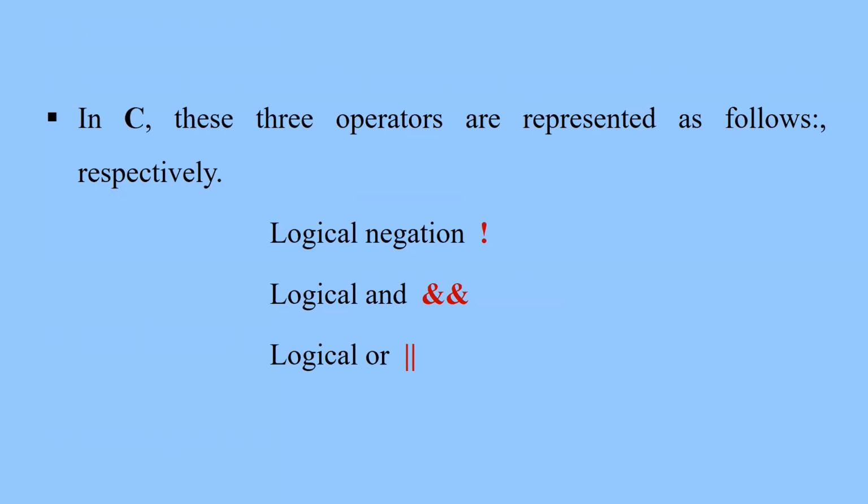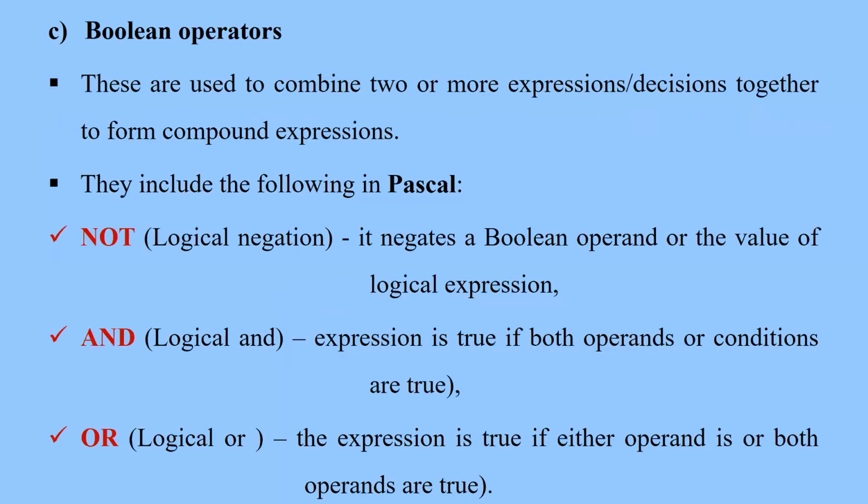In Pascal, logical OR, you just write it as OR. Logical AND, you write it as AND. Logical negation, you just write it as NOT, just as you can see.